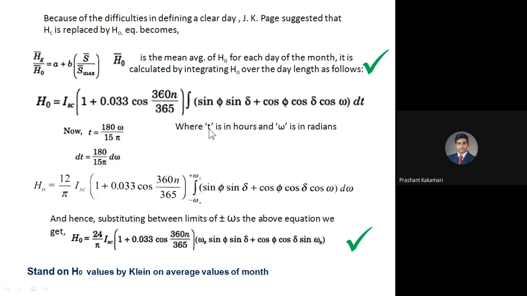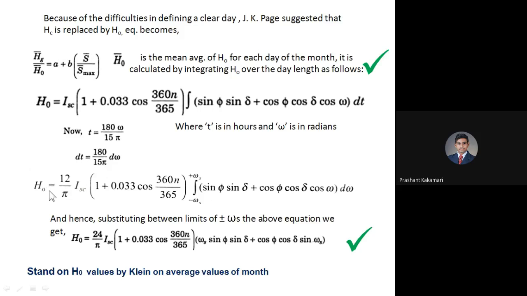To convert time in hours to radians, they have taken 180 by pi. I hope that is clear. And omega by 15, earlier we discussed why 15 is divided: because it is for per hour values. So I can write dt as 180 by 15 pi d omega.